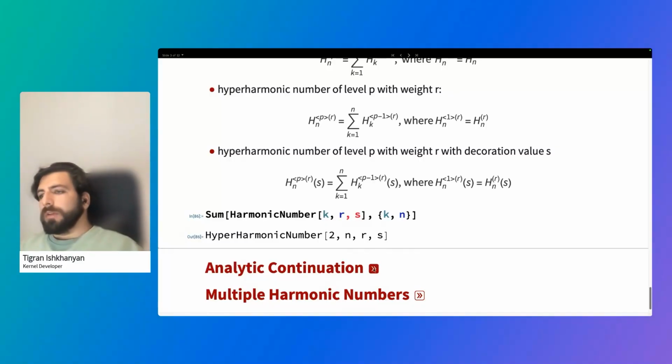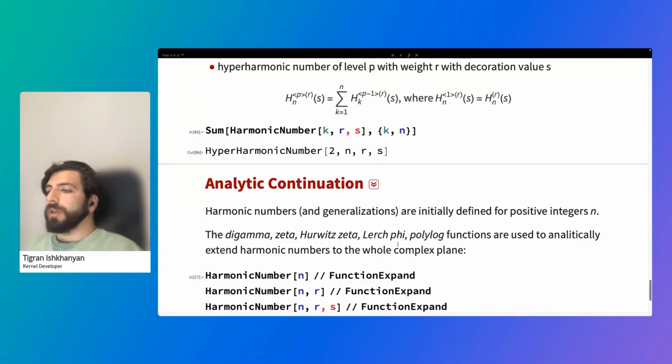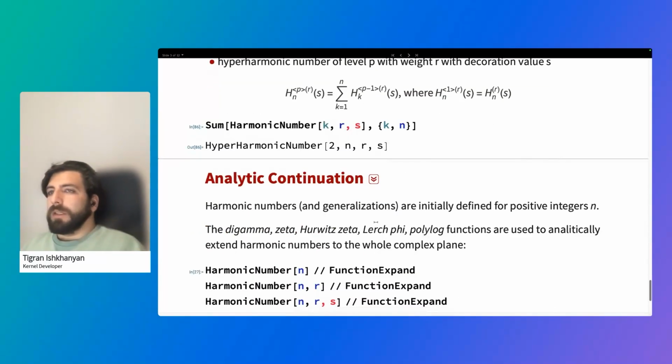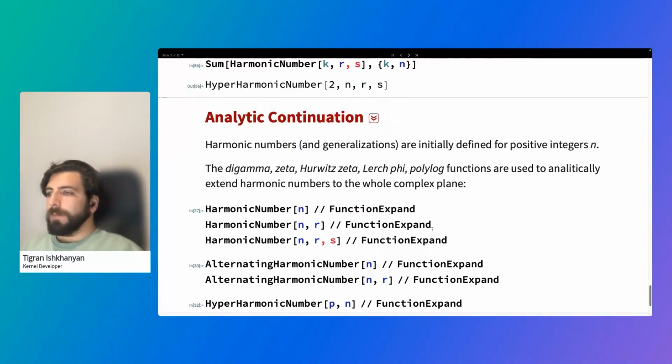And the important point here is that harmonic numbers are initially defined for integer numbers, but we can analytically continue these functions using different special functions like the digamma function, zeta function, Lerch phi function, polylog function, and others.